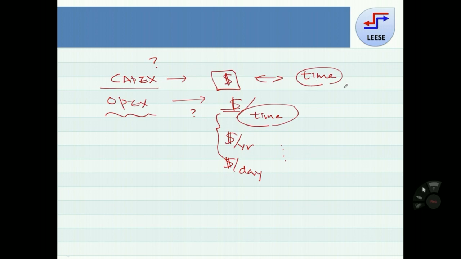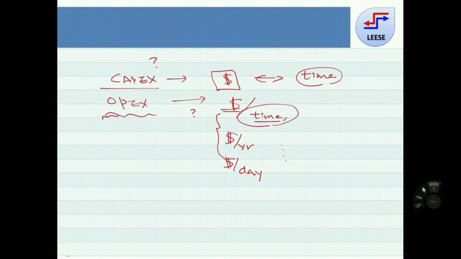Of course, throughout the time, the value of the capital will degrade, but that will be taken into account later. For the time being, when you're purchasing the equipment, we have a lump sum expense. We pay 10 million, we pay 5 million in the beginning of the project.